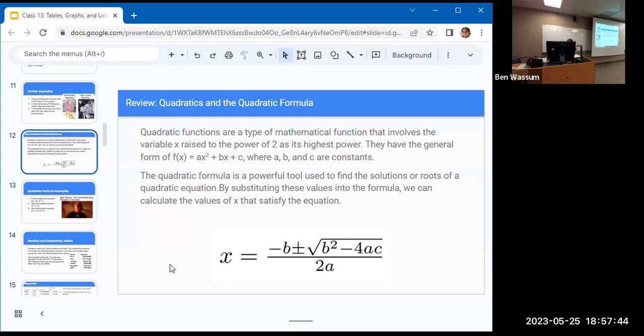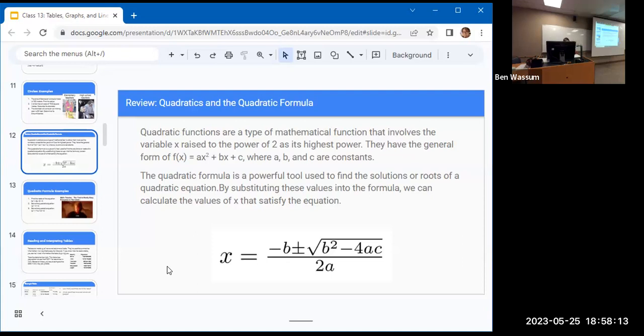And notice how the formula there uses ax squared plus bx plus c. The a, b, and c are useful for us because those are the coefficients. We actually have a formula to find the solution to this problem right away, just based on those 3 numbers.